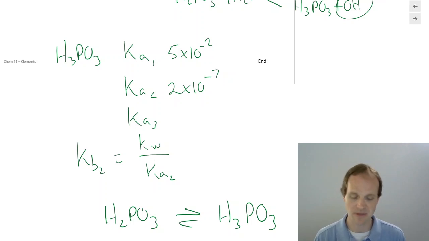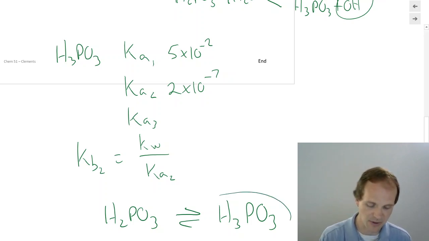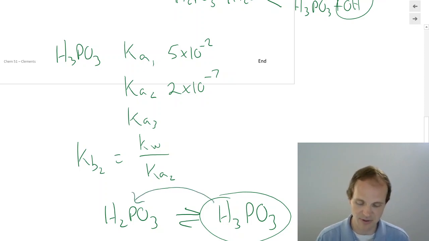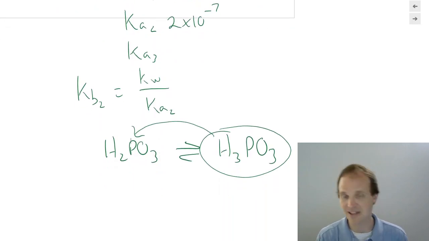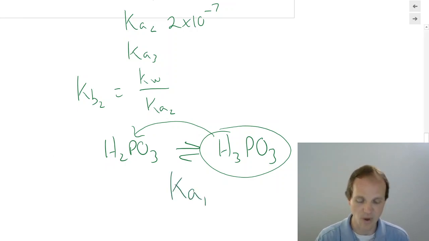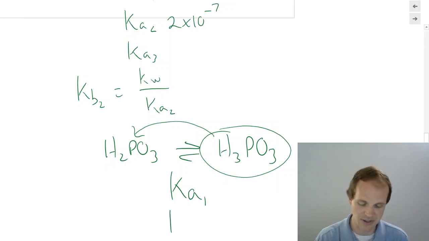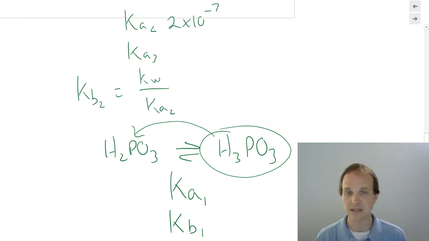H2PO3 to H3PO3, right? H3PO3 here is my parent, right? That's the actual acid, phosphorus acid. And then I'm talking about an equilibrium with that with H2PO3. So this reaction, that left-hand reaction, going backwards, is actually Ka1, right? I'm going from 3 to 2. That's the loss of my first proton. So it turns out the forward reaction is Kb1.